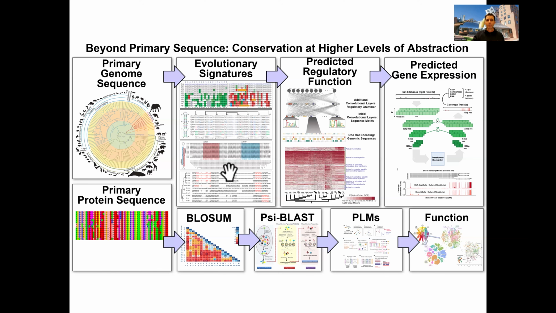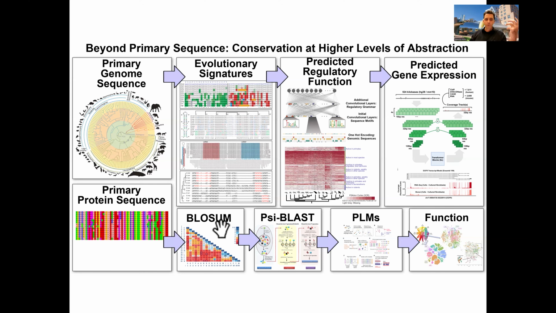And you can go a step further and say, well, beyond just the primary sequence or the patterns of change, I can start looking at the predicted regulatory function using these convolutional neural networks, or even using predicted expression, and higher levels of convergence, if you wish.